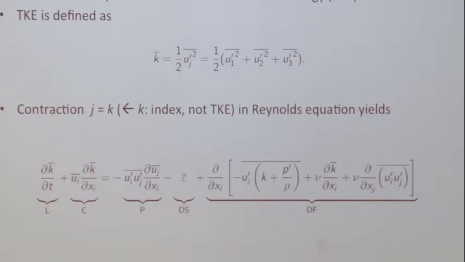Now for this dissipation term, remember back we defined the scalar dissipation earlier. Remember how that was defined? That was the gradient of mixture fraction squared. Here, this is the gradient of velocity fluctuation squared.